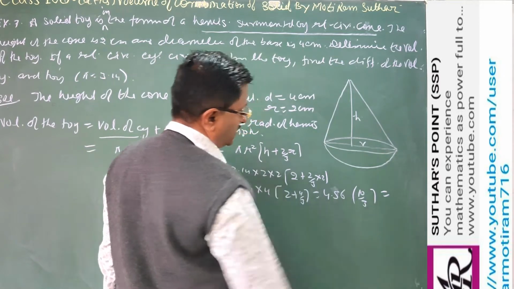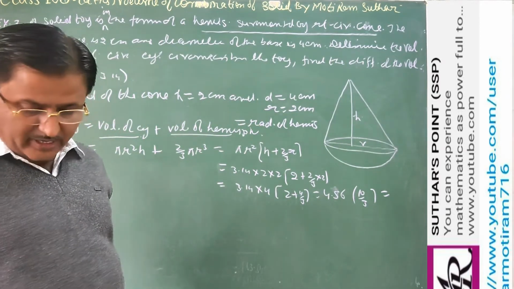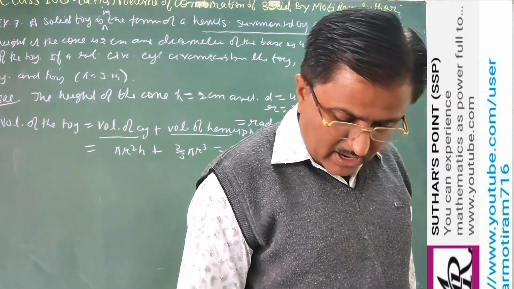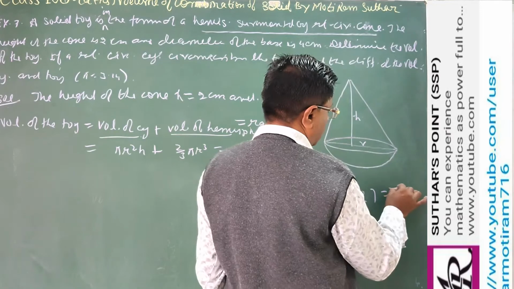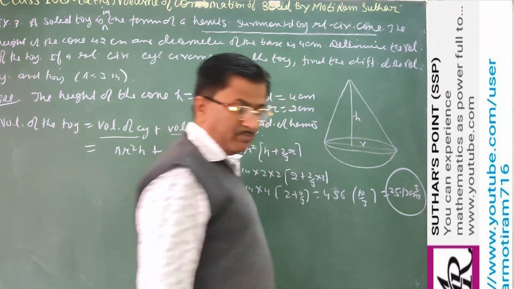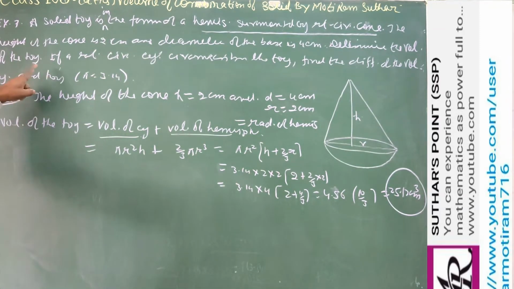So multiply: 3.14 into 4 is 12.56, into 10 is 125.6, divided by 3, which will give you 25.12 cubic centimeter. Now what does the question say after that?